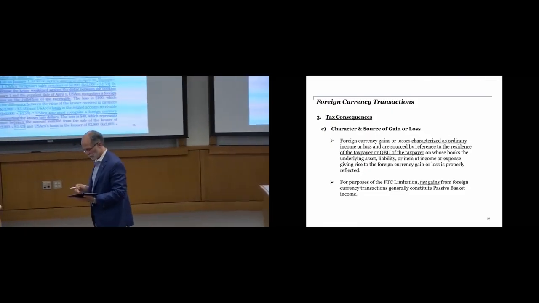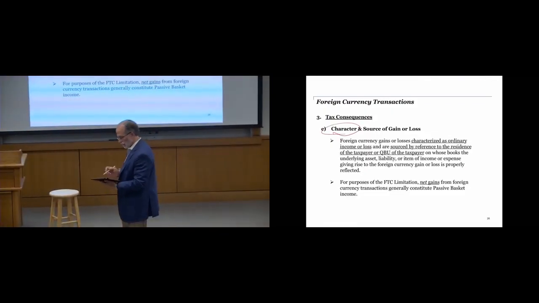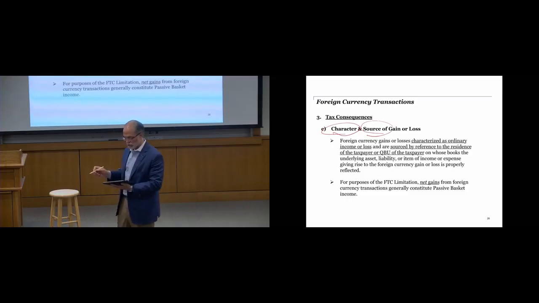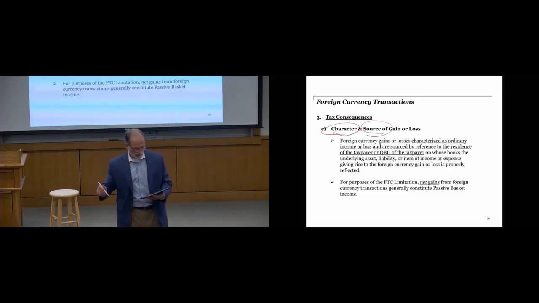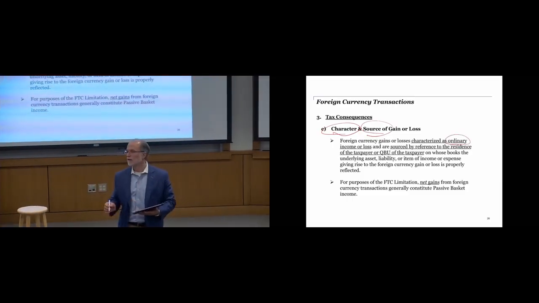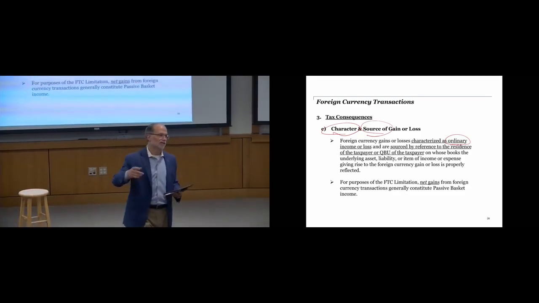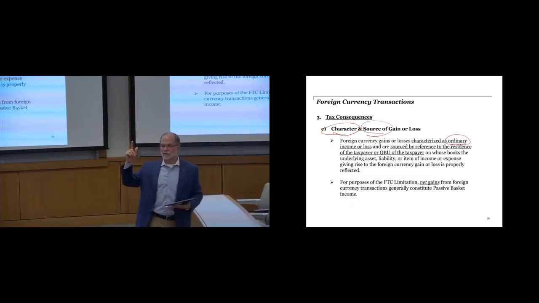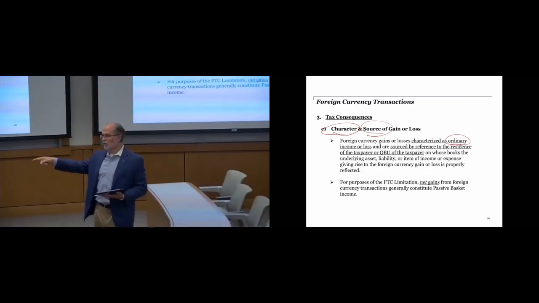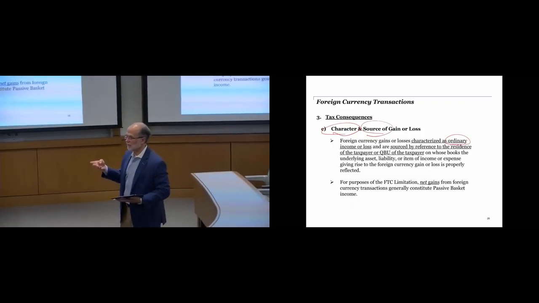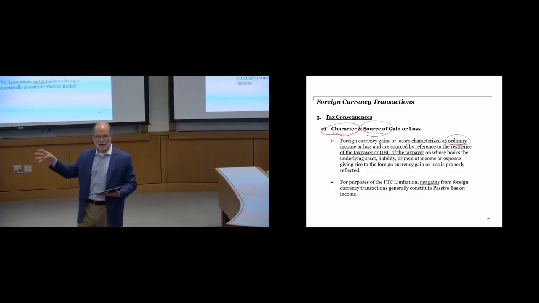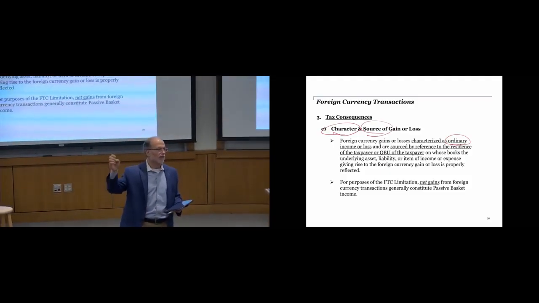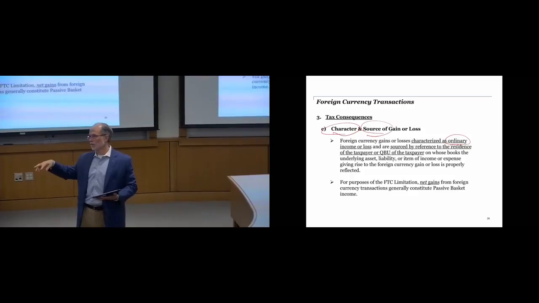over time. Okay. The character and the source of this gain or loss. The character is ordinary. Why is that important? Because in my taxation of business entities course, if it's a loss, we want it to be ordinary because that can offset ordinary income. If it were to be capital, then I can only use capital losses for corporate purposes against capital gains.